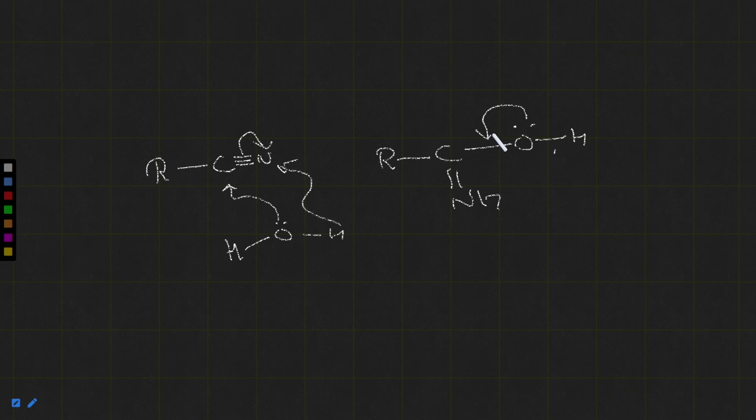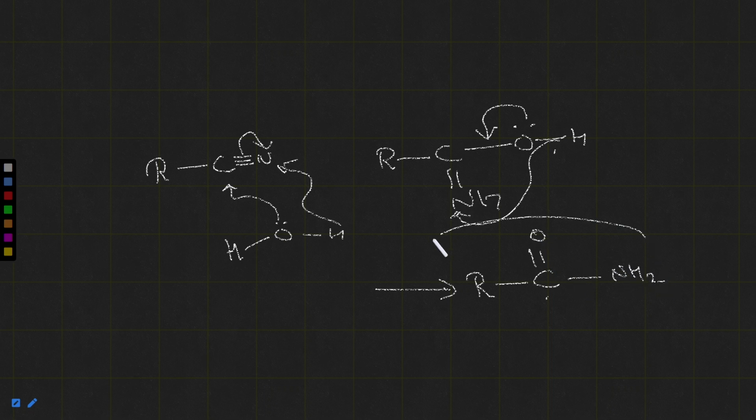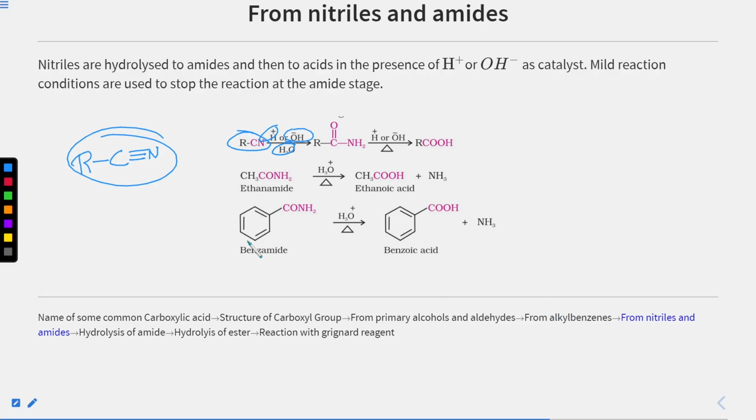So this bond comes here and this hydrogen is transferred onto this nitrogen to form at last CONH2. And this is called amide. If you do the acid or base hydrolysis of your nitrile, then it would result in the formation of amide. On further hydrolysis in the presence of heat, it would result in carboxylic acid.